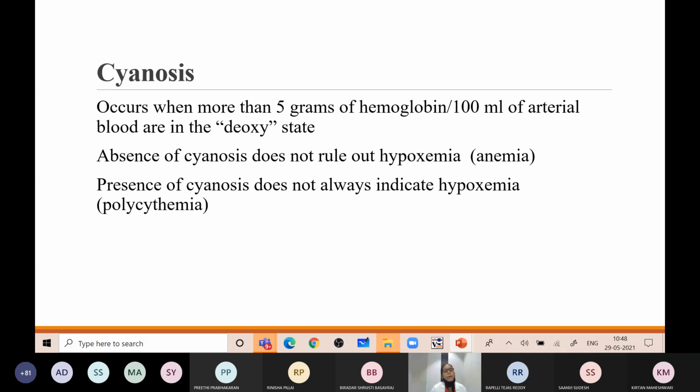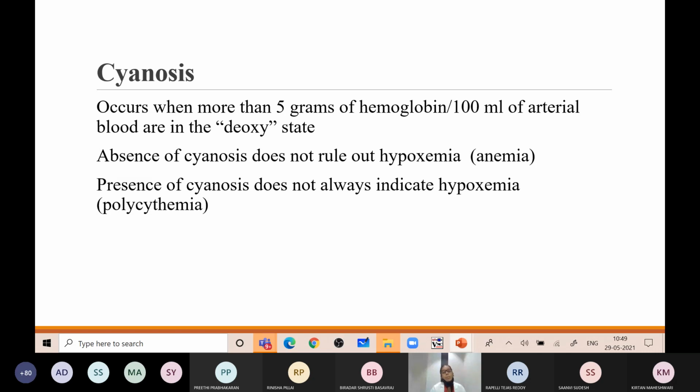Now there is one condition called cyanosis, which occurs when more than 5 grams of hemoglobin per 100 ml of arterial blood are in a deoxy state. When oxygen is combined with the hemoglobin, it is called oxyhemoglobin.